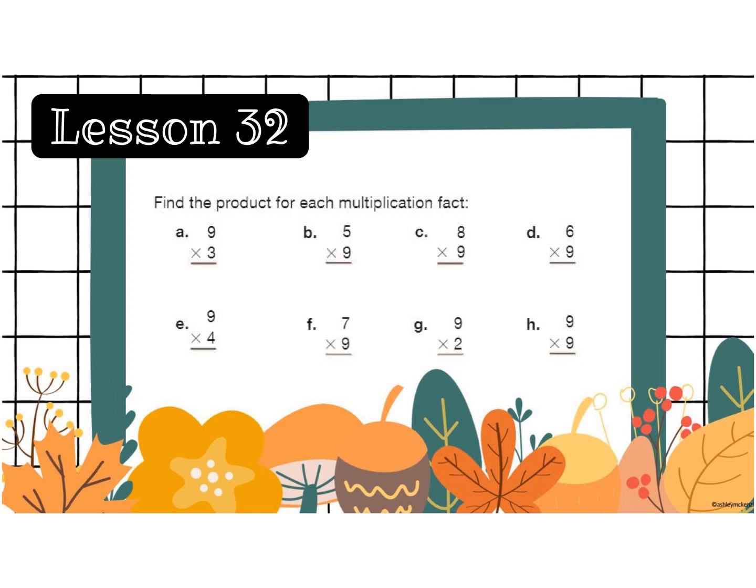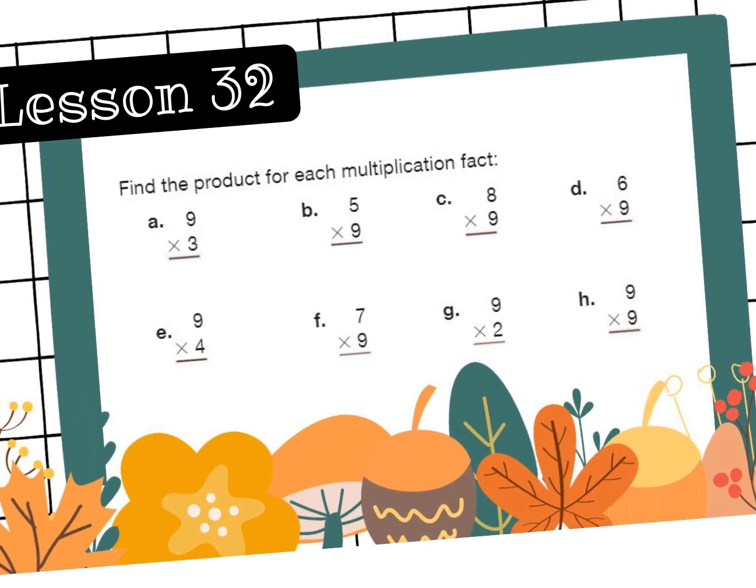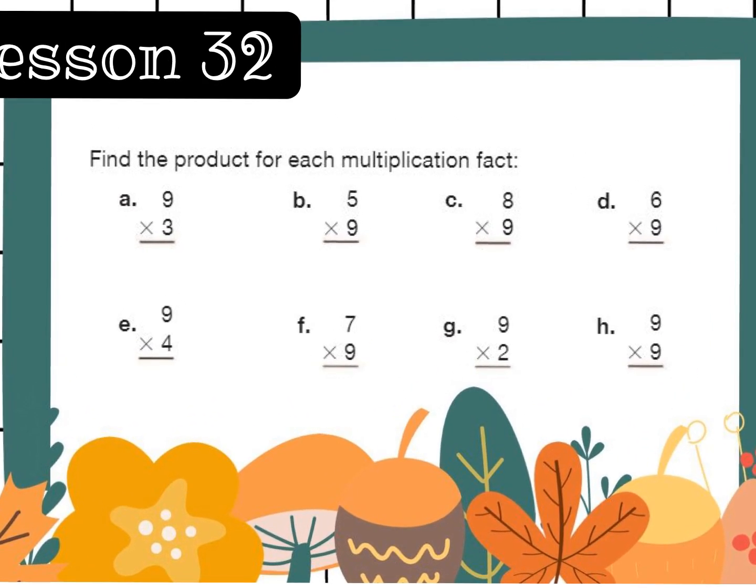Okay, find the product of each multiplication fact. Let's see. 27. Hold on. Okay, Tyler, what's A? 27. Chase, what's B? 45. Okay, good. Kaden, what's C? 17. Kennedy, what's D? Lena, what's E?